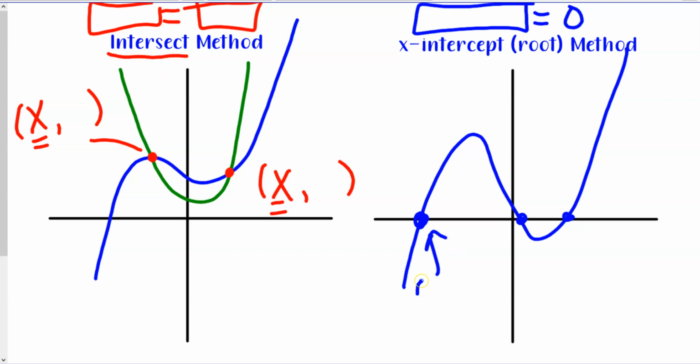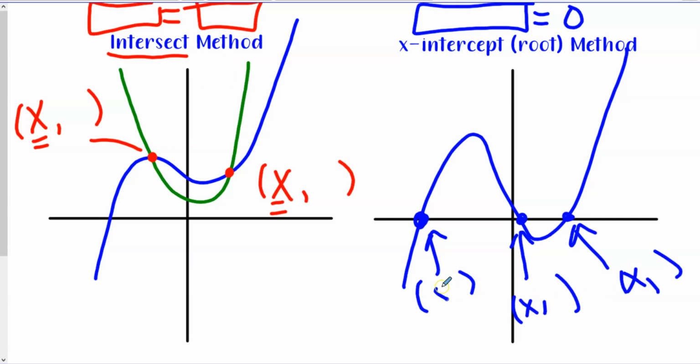And again, it will be an xy pair for each, and your solutions will be just the x coordinate of each. Okay, that's the x-intercept or the root method. And this is the intersect method, where two graphs intersect. So let's take a look at the website and I'll get you started.